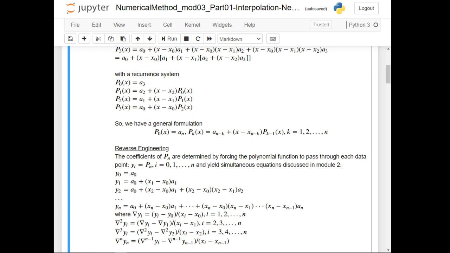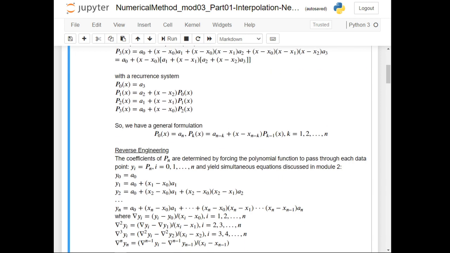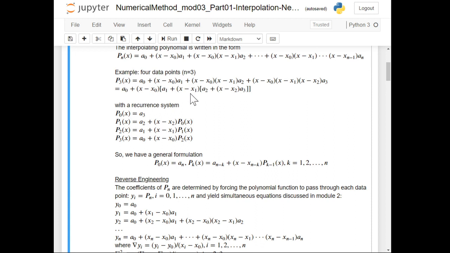Okay, so we have this general formulation for not only n is equal to 3, but for any value of n. So we have first the 0 degree. So basically this is a to the 0. Sorry, this should be 0. Then k, and so follows the same setup or pattern.